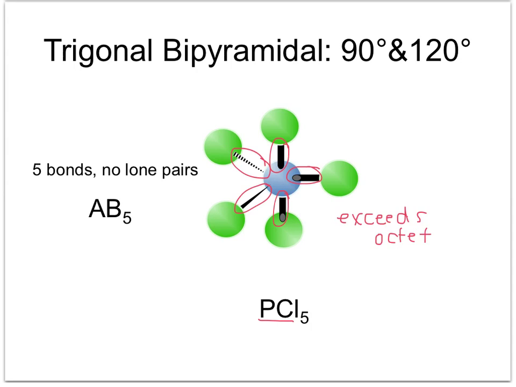So this would be something like PCl5. And the way that we draw this is we make 2 of the atoms linear, and then we make the other 3 in a trigonal pyramidal shape. And the angles that we're going to see here are really 90 degrees between some of the chlorine atoms, and then sometimes you're going to see the 120 degrees between some of the other chlorine atoms.